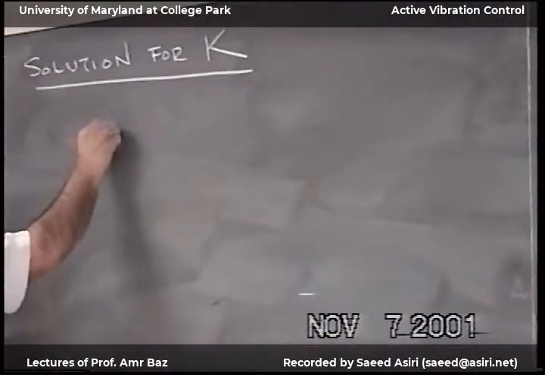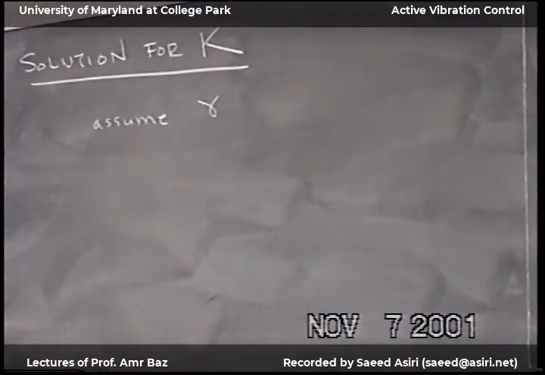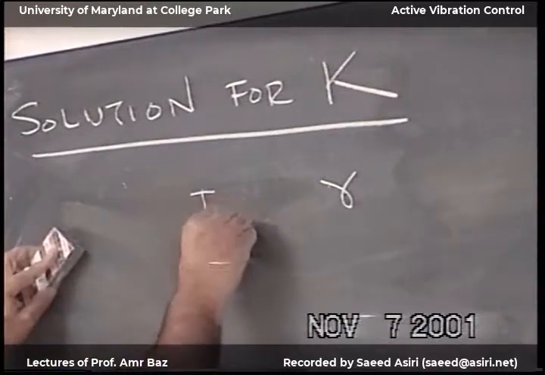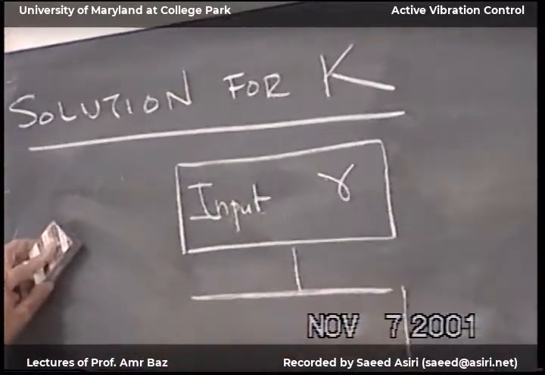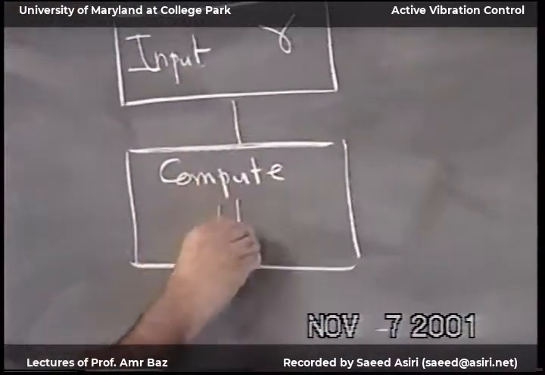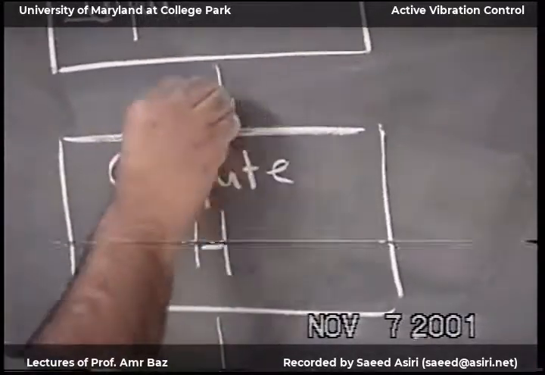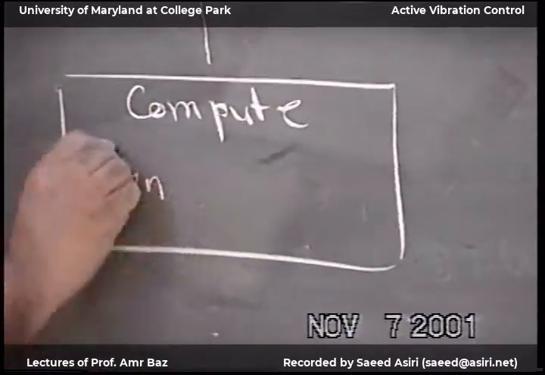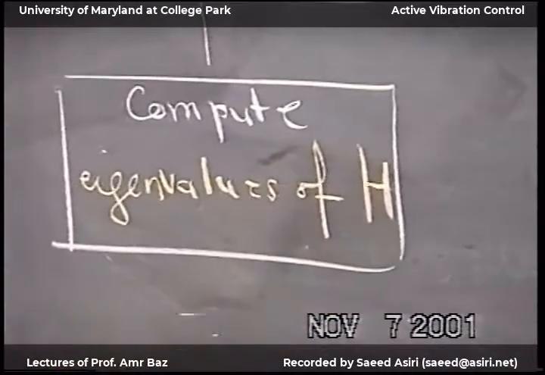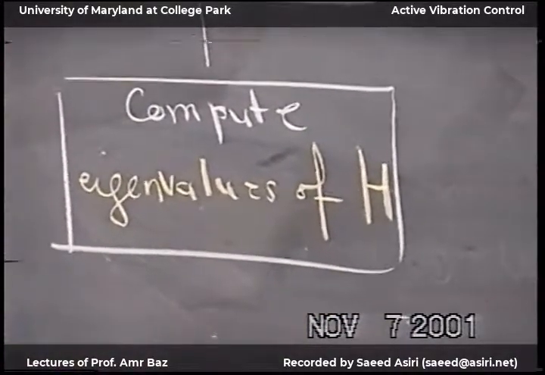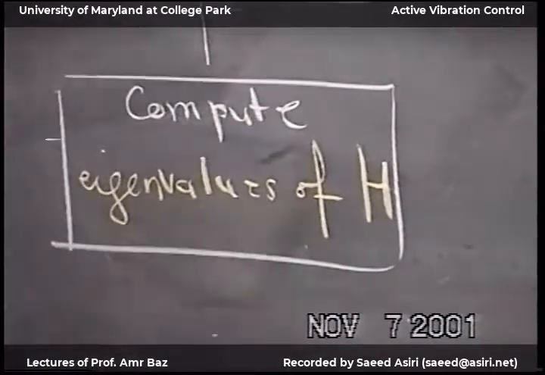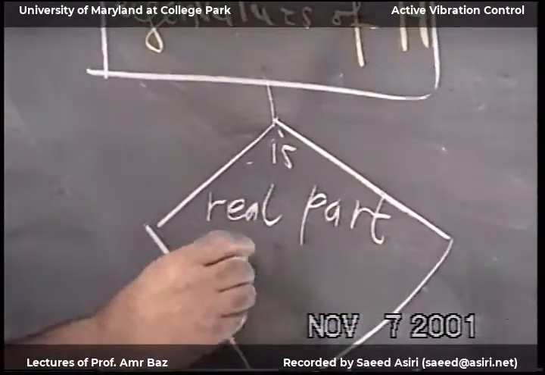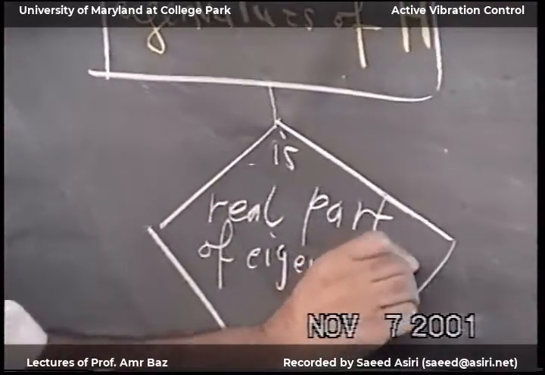So we'll here assume a gamma. When I assume gamma, input gamma, and then compute H, and then I'll go and compute eigenvalues of H. And then see that the eigenvalues don't have any of the real parts lying on the imaginary axis, that is the real part of the eigenvalues is equal to 0.